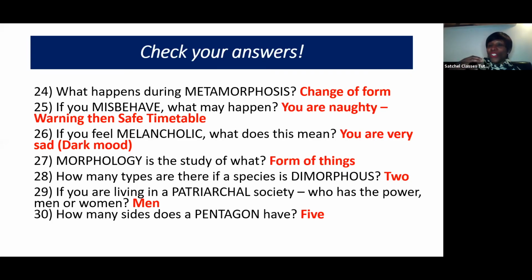Melancholic means that you are in a sad mood, you're in a sad place that's uncomfortable and unhappy. And a pentagon has 5 sides.